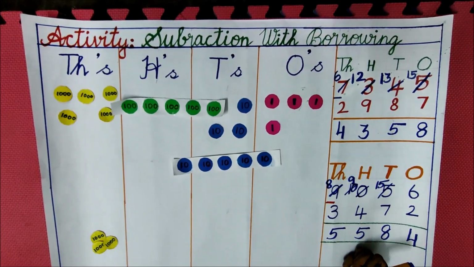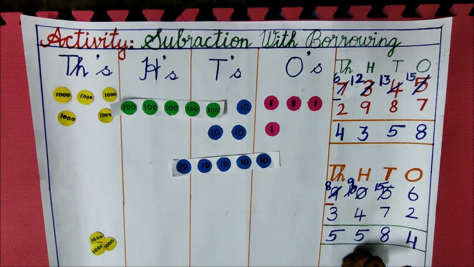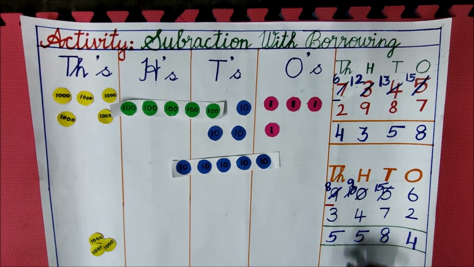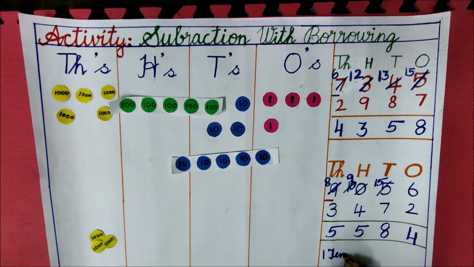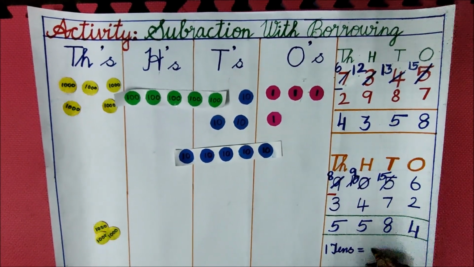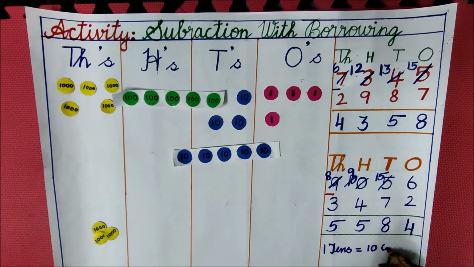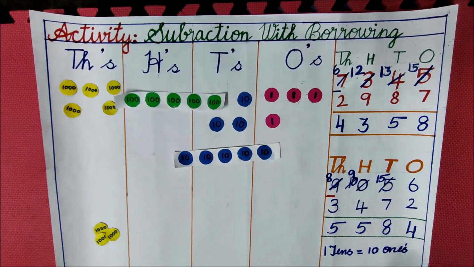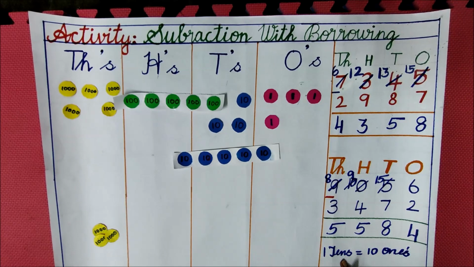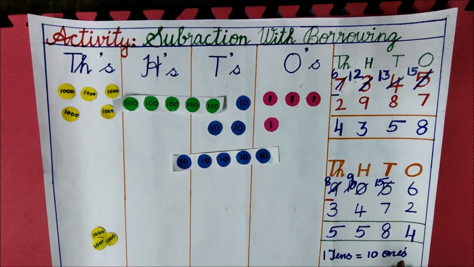Yes, children, you also keep remember 1 tens is equal to 10 ones. Okay, this you just keep it and remember. Okay, this point is very important. 1 tens is equal to 10 ones.